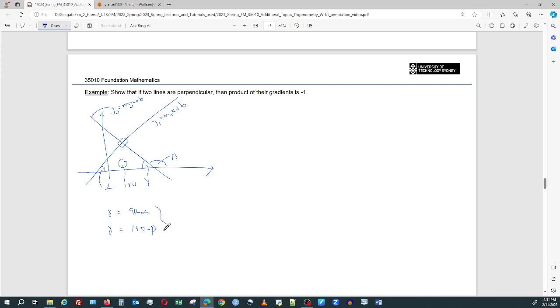I'll let you experiment with how they were developed. So they end up with tan, using one form, we've already seen that that's undefined, so that's cot. So we did it the other way. The other tan is tan 180 minus beta, which we've worked out is minus tan beta.